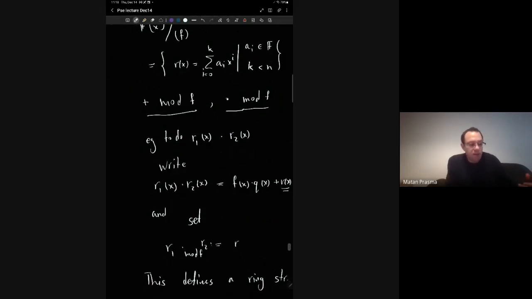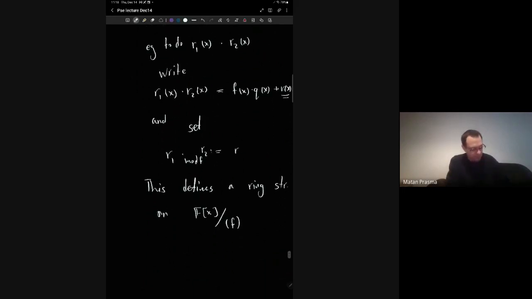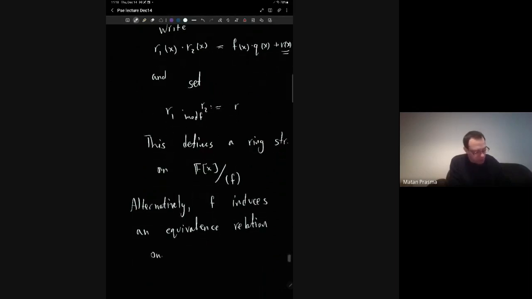Now, alternatively, f induces an equivalence relation on the set of all polynomials.